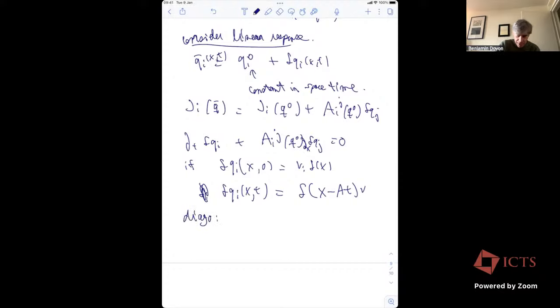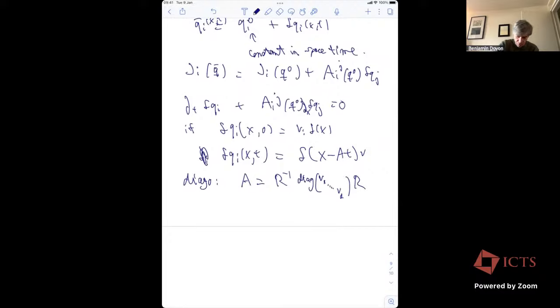So diagonalize. Write A as, in the conventional notation, R inverse times something diagonal that contains the eigenvalues V1 up to V whatever number of degrees of freedom you have. Let me call this D, times R. So the Vi are the eigenvalues of A, and of course we've proven that these are real.